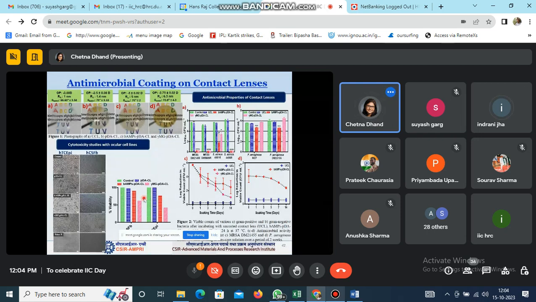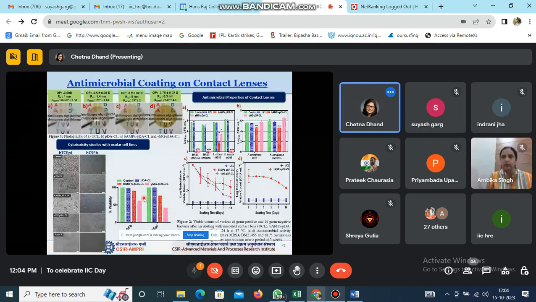I just want to show that we are regularly using contact lenses. I think the majority, particularly the young generation, use contact lenses for correcting their vision. And if they don't take care of the hygiene of the lenses or the solution they are using to clean them, then there are high chances that the eyes get infected by microorganisms.